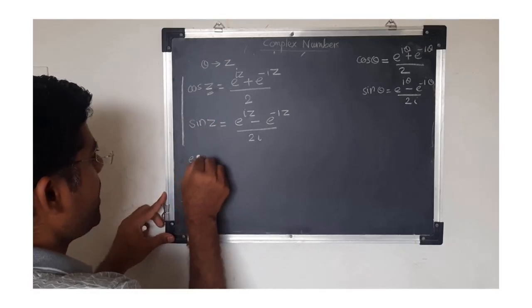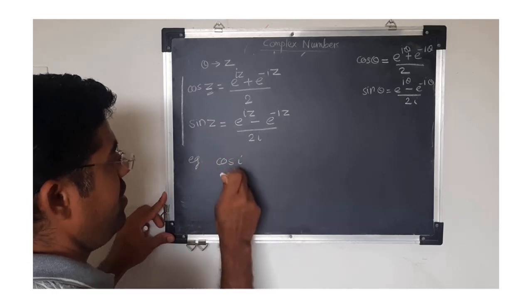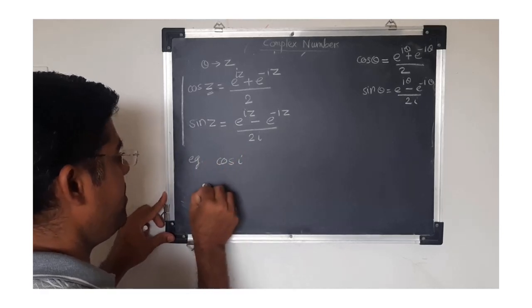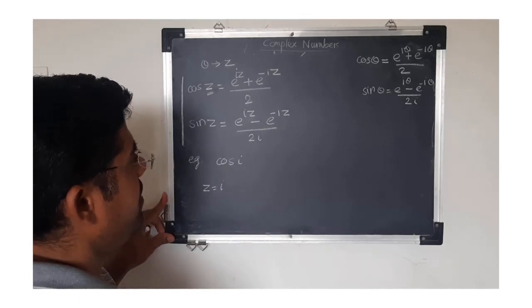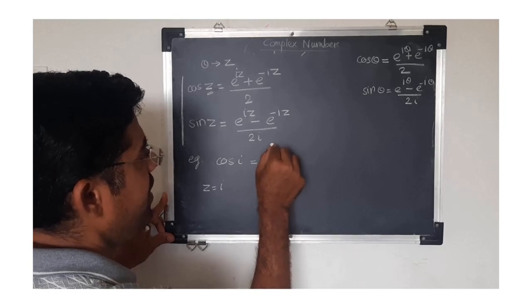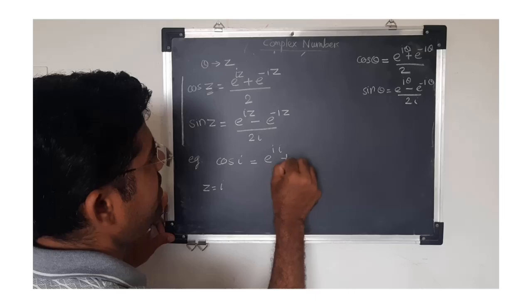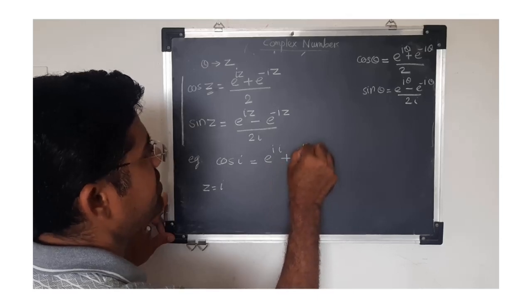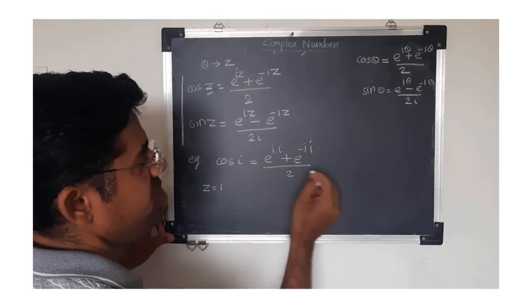Now suppose I am to find the cos of i. Here my z is equal to i, so instead of z we can put i. So this is e raised to i times i plus e raised to minus i times i, divided by 2.